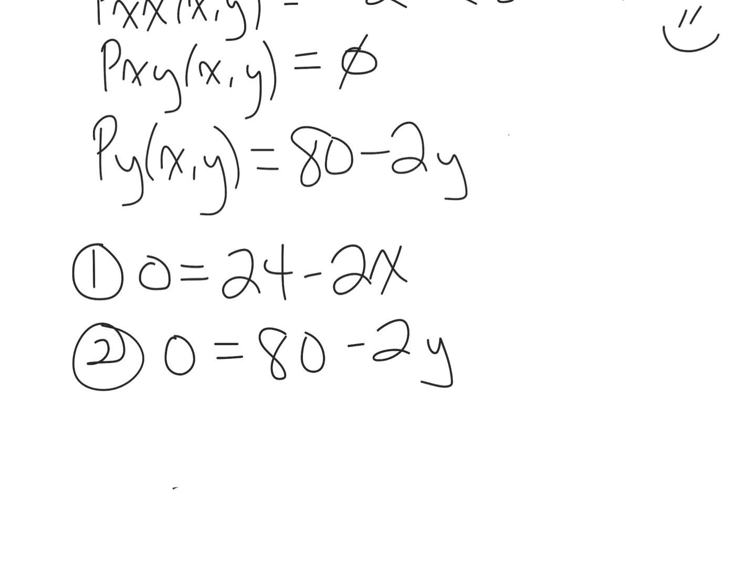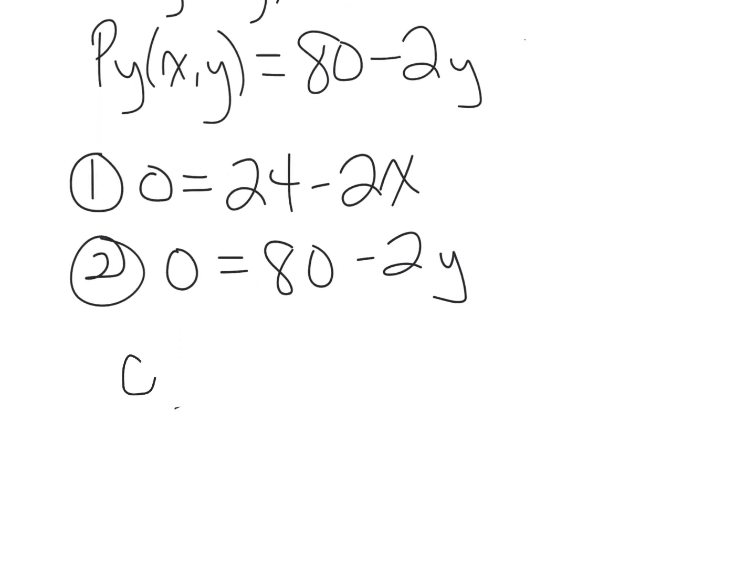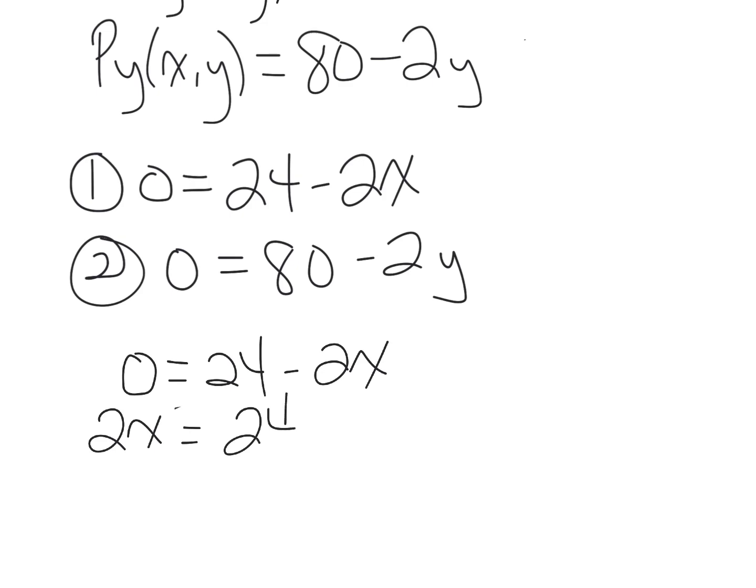Substitution, okay. If we look at the two partial derivatives, do we have both of the variables represented? Yeah, we can actually directly find x and y. So here we have 0 equals 24 minus 2x. We add 2x to both sides, we divide by 2, and we find directly that x is 12.